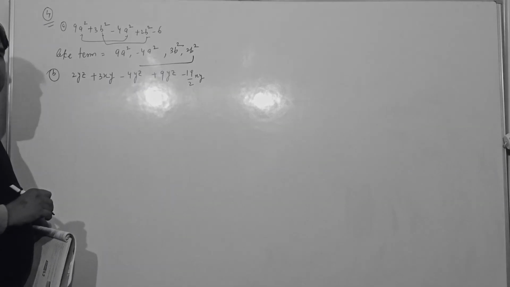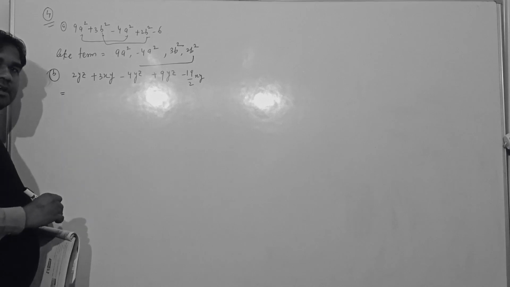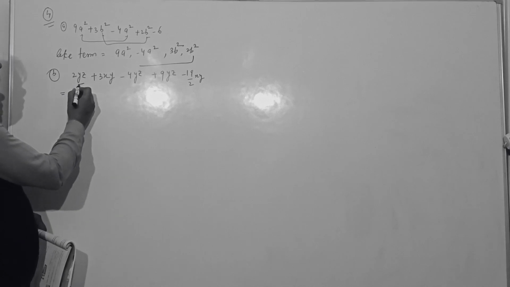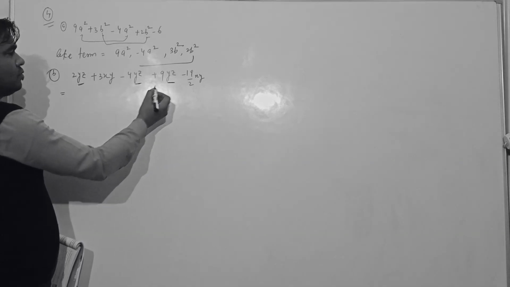So these are the like terms, and we can write the like terms for the B part. Here you see the variable yz, here is also yz and here is also yz.